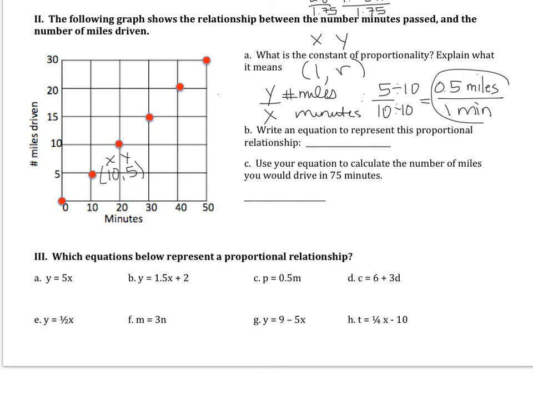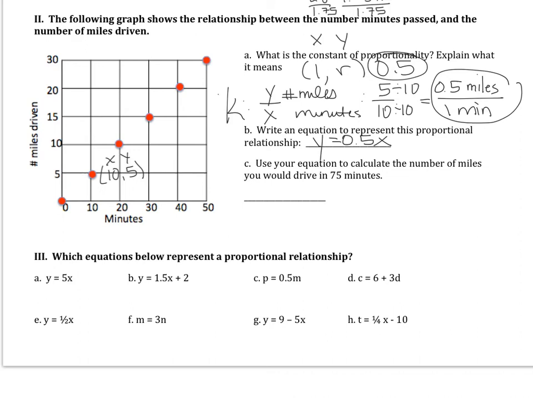It means that I'm going to travel half a mile every minute. I'm going to use that in my equation. So this is my constant. My k value here is half a mile per minute. And when I put it in my equation, it'll be y equals half x.